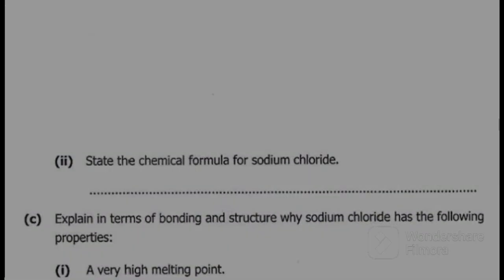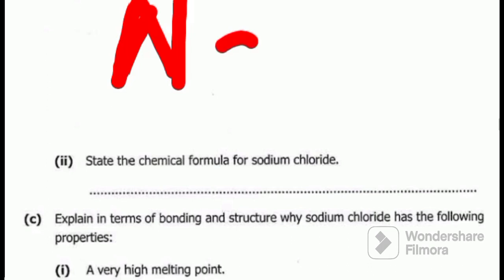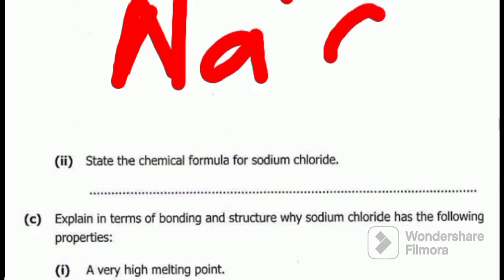Sodium has a valence of 1, and chlorine has a valence of 1 also. So these two valences are going to cross interchange.